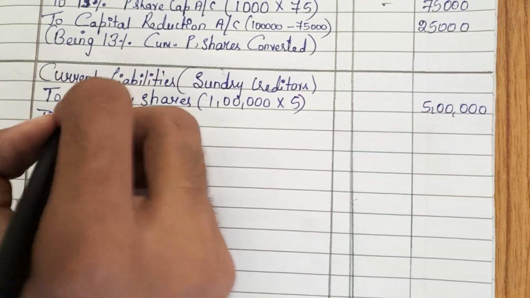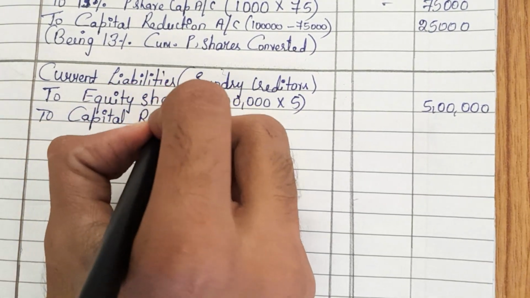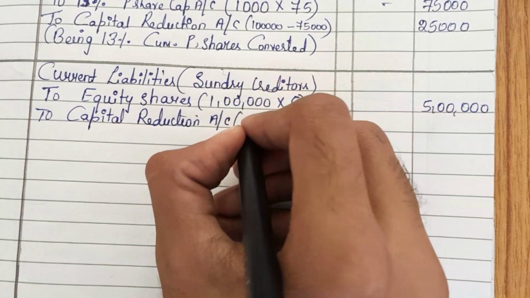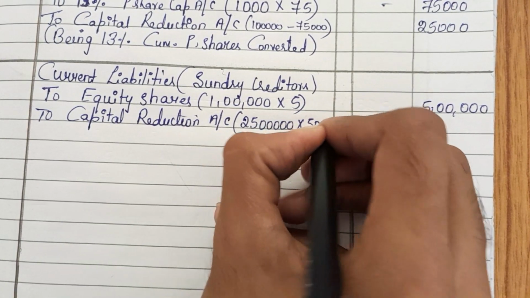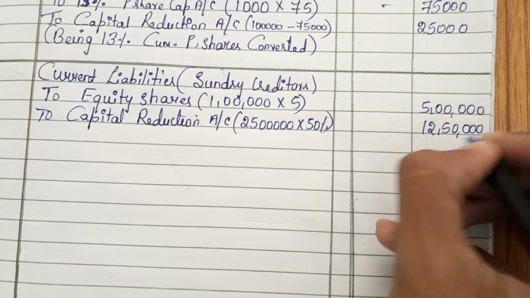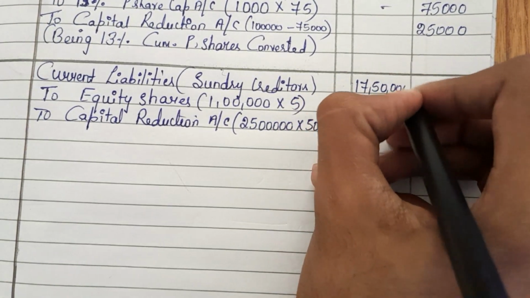Then they are sacrificing 50%. So whatever the sacrifice is there, that we need to show under capital reduction account. So that's it, nothing but 25 lakh into 50%. So 50% of 25 lakh is 12,50,000. So 12,50,000 plus 5 lakh is 17,50,000.